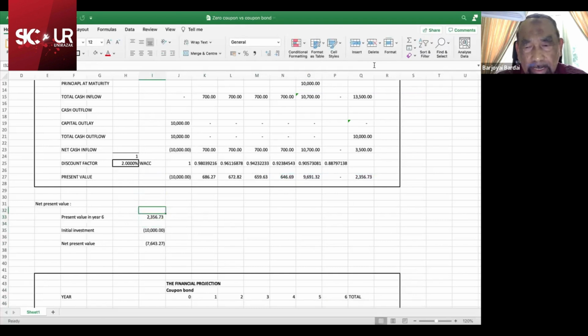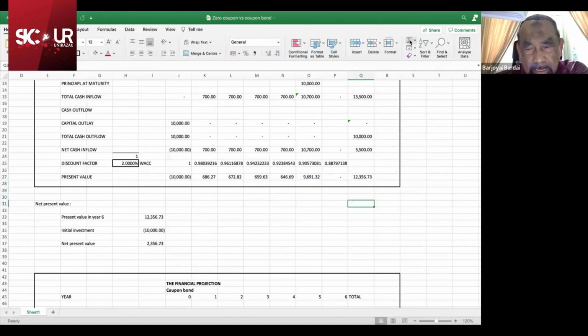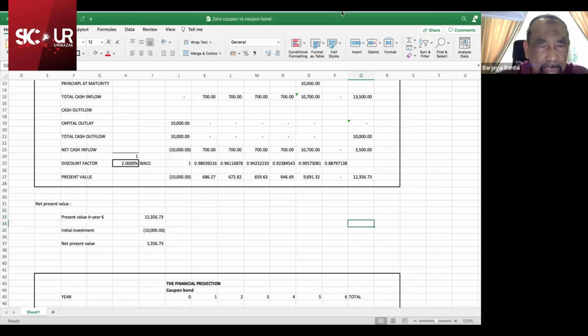Let me recalculate this. Okay, so it is positive 2.3 at 2%.